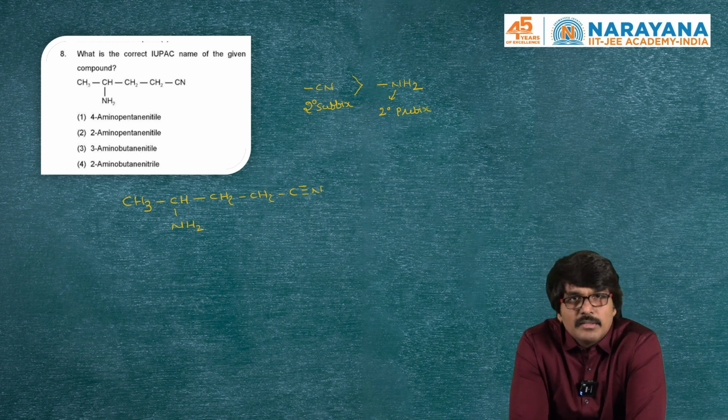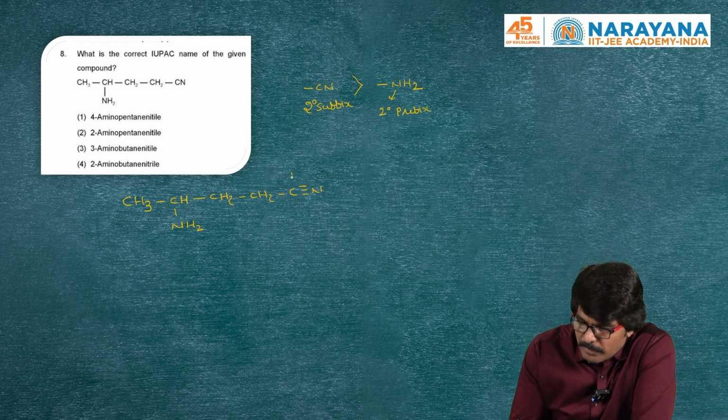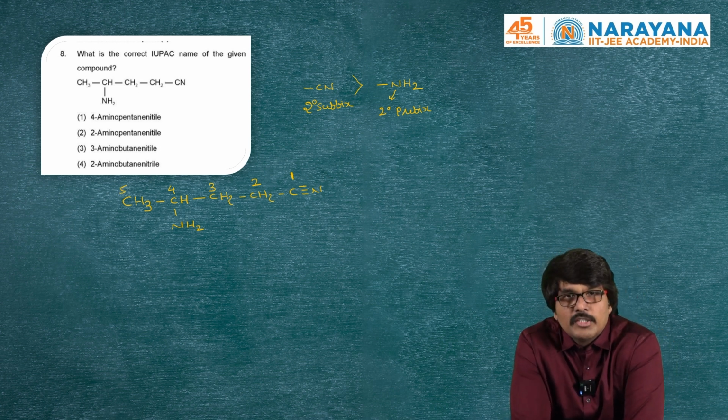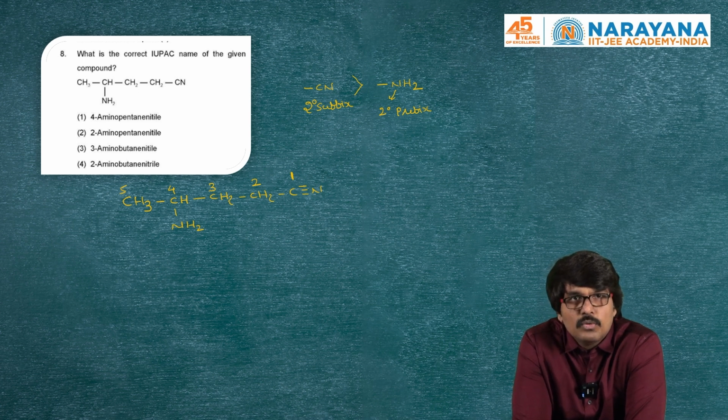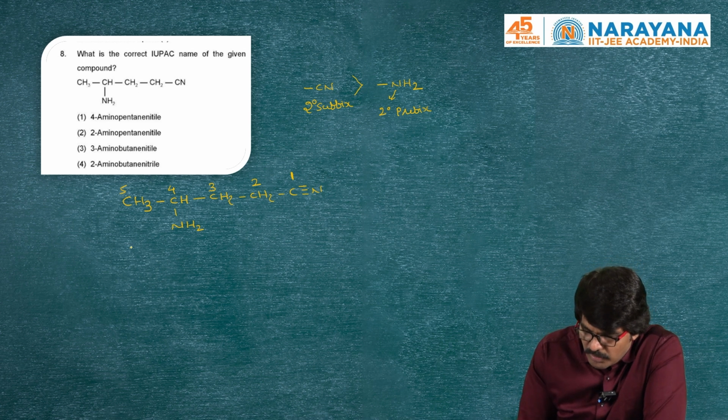While numbering, the suffix gets more priority, therefore numbering should be started from the right side, 1, 2, 3, 4 and 5. The prefix name of NH2 is amino. The suffix name of the cyanide functional group is nitrile. So the name of this compound is 4-amino. Root word, 5 carbons are present, therefore pent.